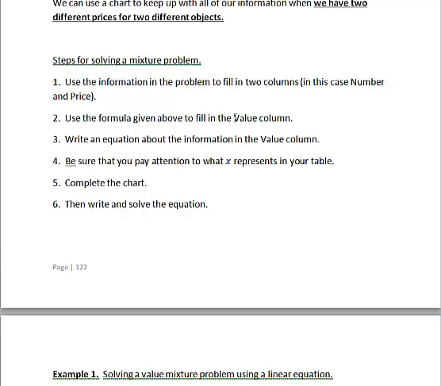And so at this point, we're just going to have expressions and not necessarily actual single numbers for each value. Okay, and then we're usually given some information about the total value, and so we combine the column with the unused information from the problem, and we write an equation.